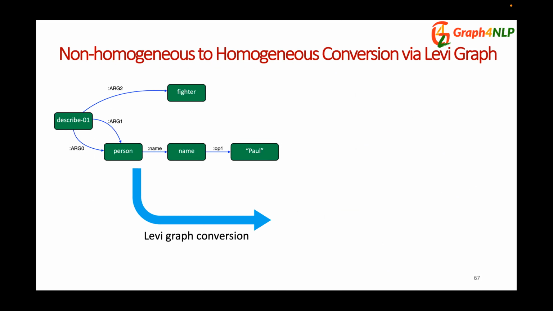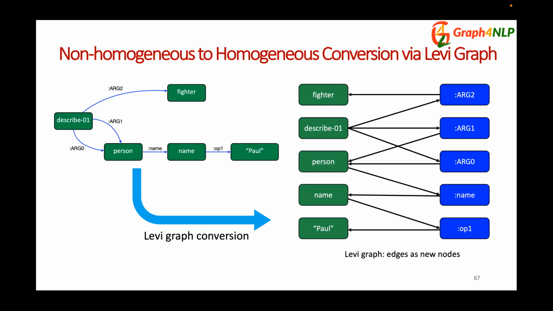The key idea of Levi graph conversion is to regard each edge in the original graph as a new node, and connect the original nodes and the new nodes. As a result, we will get a bipartite graph, which is a homogeneous graph, so we can apply homogeneous GNNs to it.